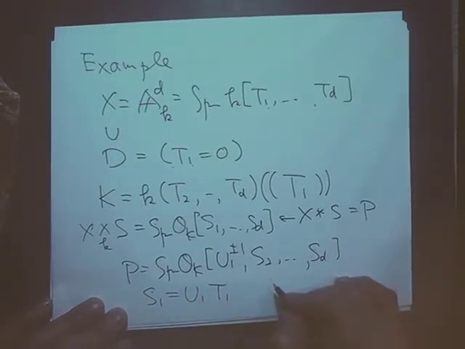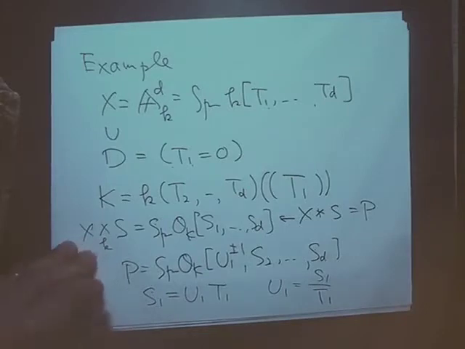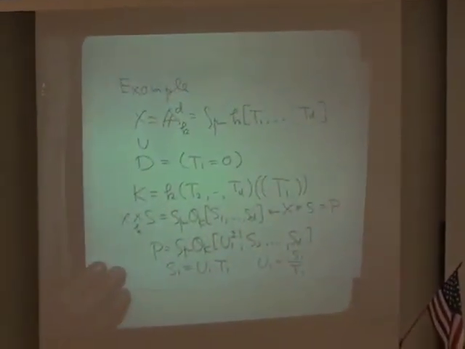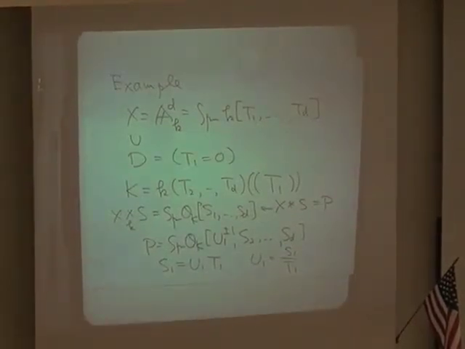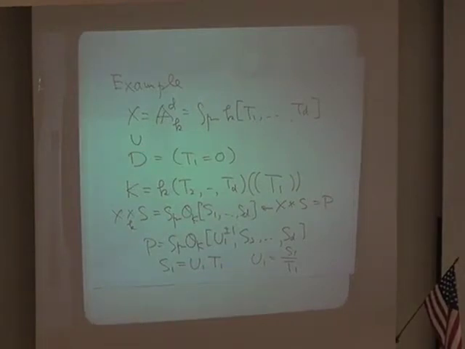Or in other words, U1 is S1 over T1. So this is the first block, and to study higher ramification, we need to make another, the second block.